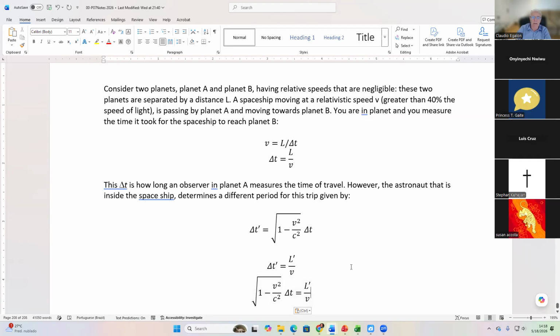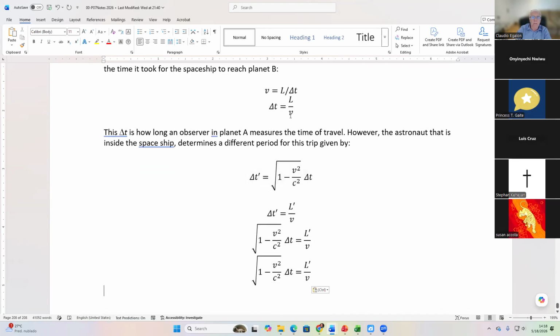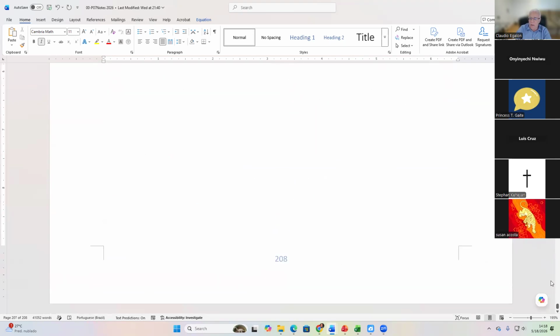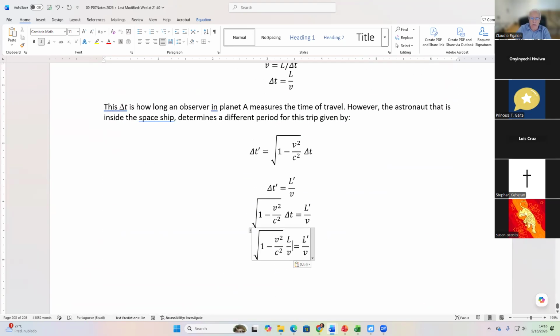To cancel out the v, so it becomes a much more convenient relation. I'm going to substitute delta t for L divided by v. And let's not forget, this is the distance the astronaut in the moving spaceship measures between planet A and B.